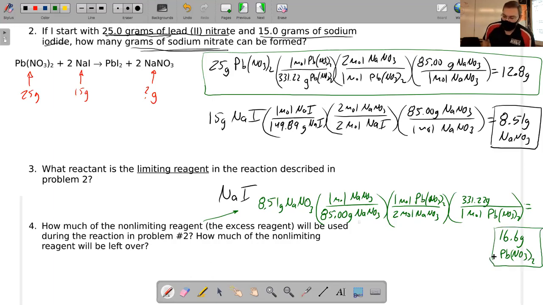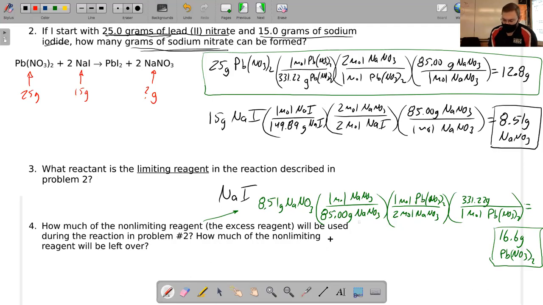But here's another trick. There's a ratio of the mass that you need or that you would use to get a mass of any kind of product. So like 25 to 12 is the same as the ratio of what to 8.51. And this is another way to do it.